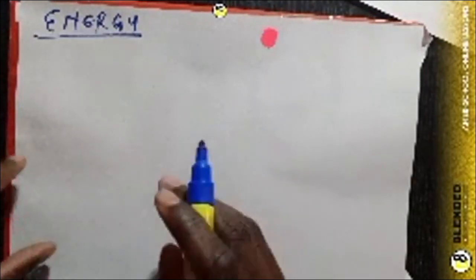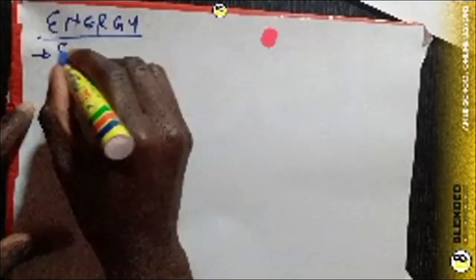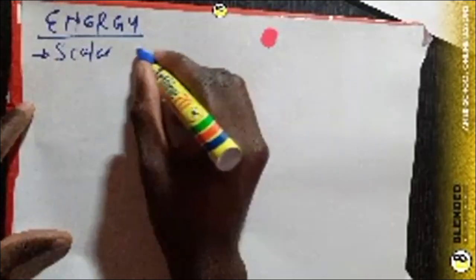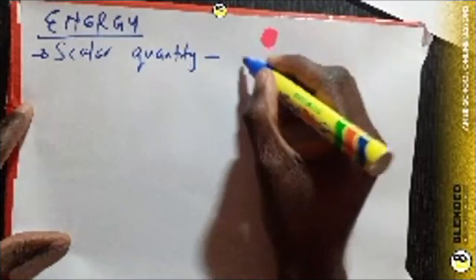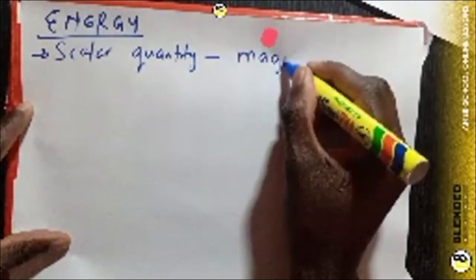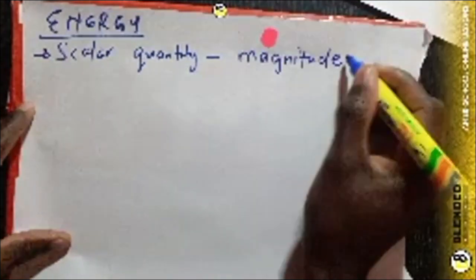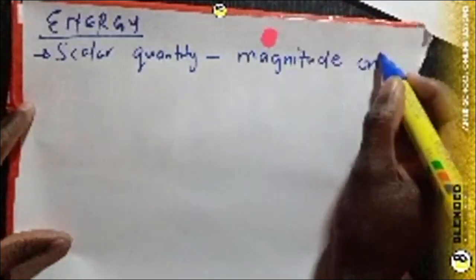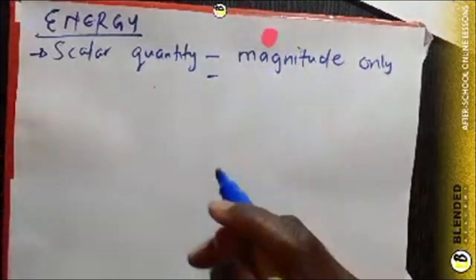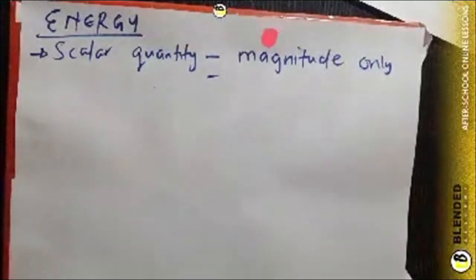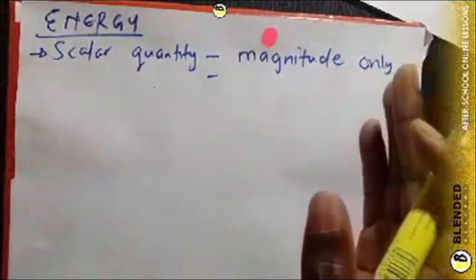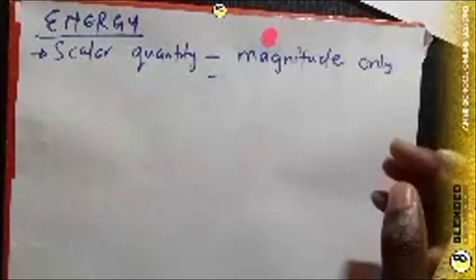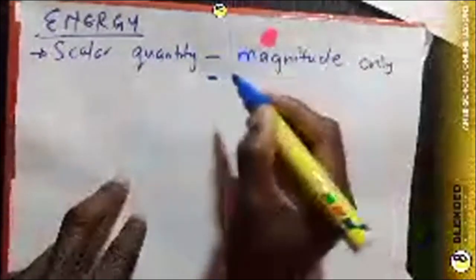Also just to remind you, energy is a scalar quantity like work. It only has magnitude, with no direction. When you're reporting scalar quantities, you just put in the magnitude and the SI unit. The SI unit is very important because you can lose marks if you miss out your SI units.